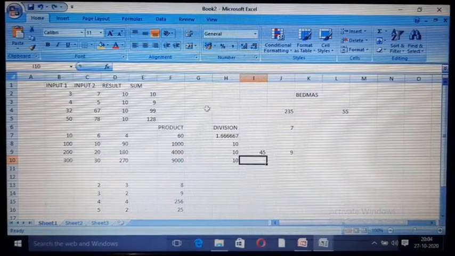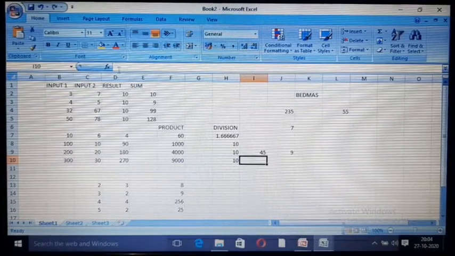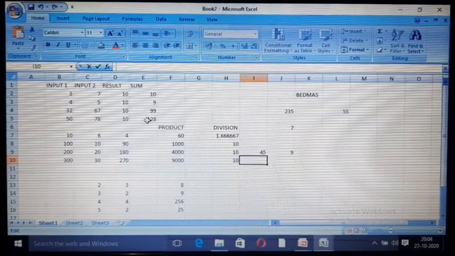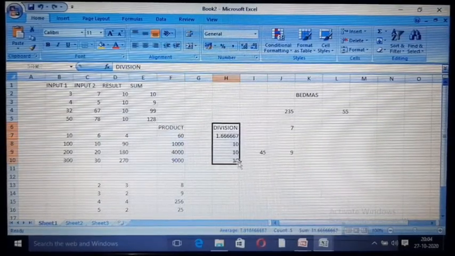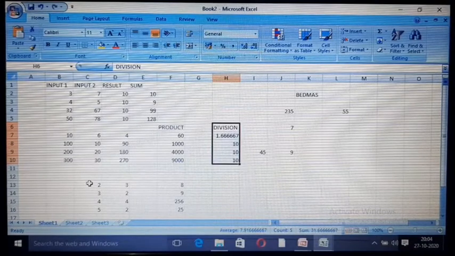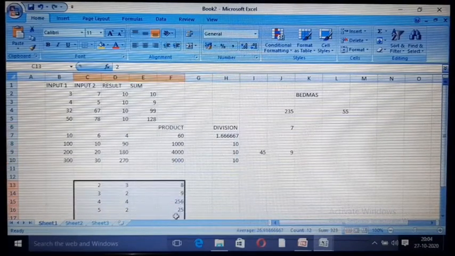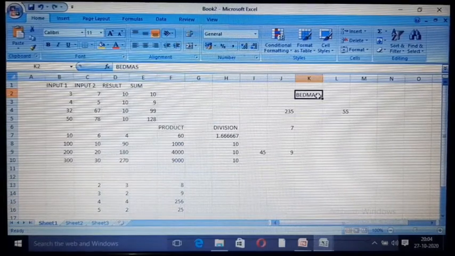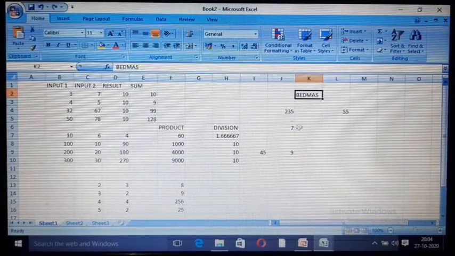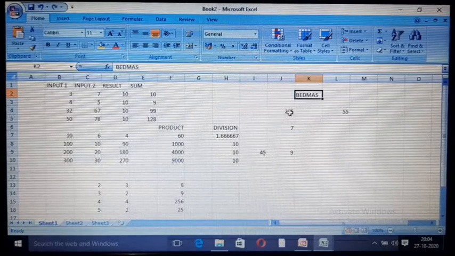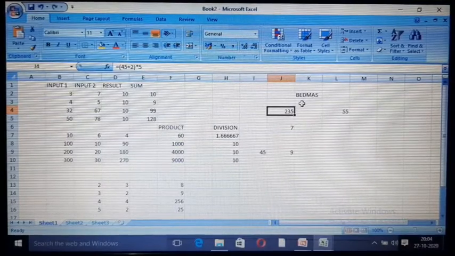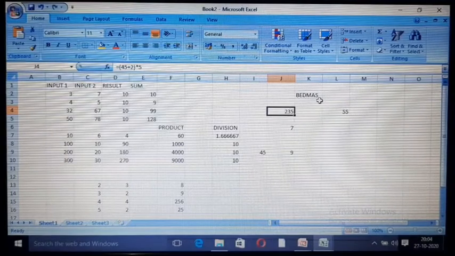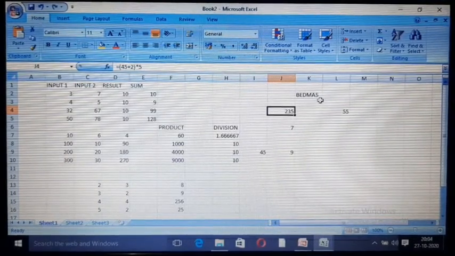Formula addition, subtraction, product, division, then what we call exponent, the BODMAS rule. In Excel, the BODMAS rule: evaluate bracket first, then exponent, then division, then multiplication, then addition, then subtraction, and it will be evaluated from left to right order.